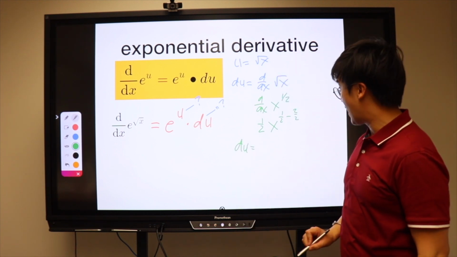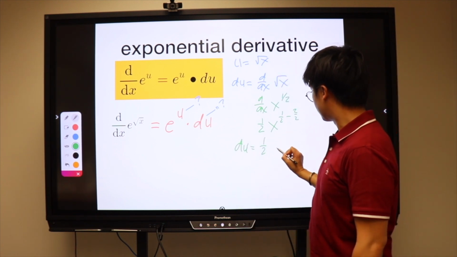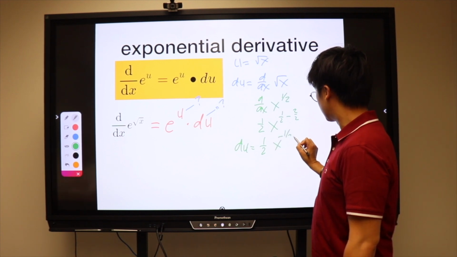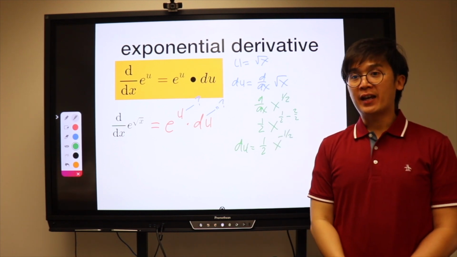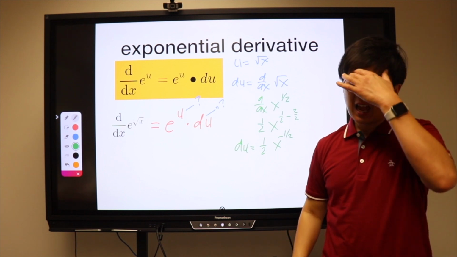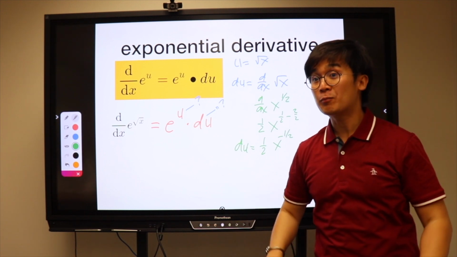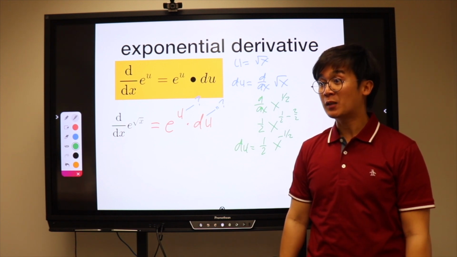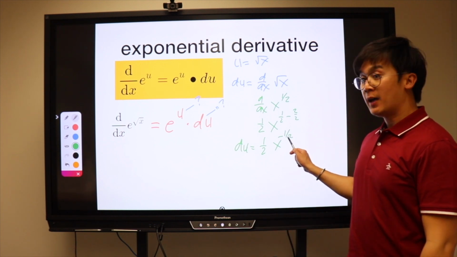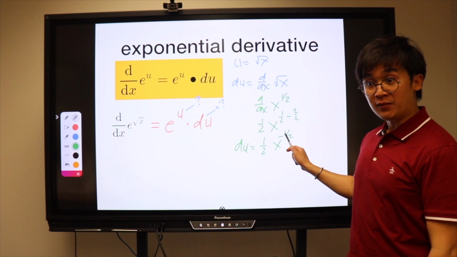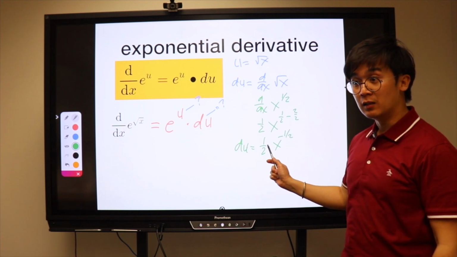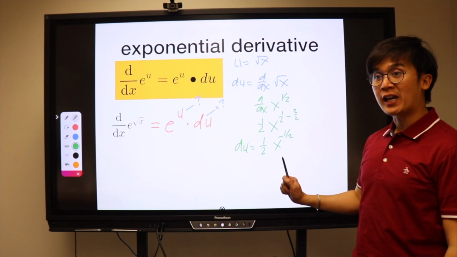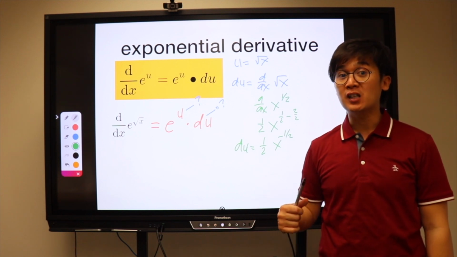And what is the du now? 1/2 x to the negative 1/2. And we're finished. However, we can make it prettier. How are we going to make it prettier? Make the exponent positive and change it back to radical, right? So how are you going to change x to the negative 1/2 into a positive exponent?